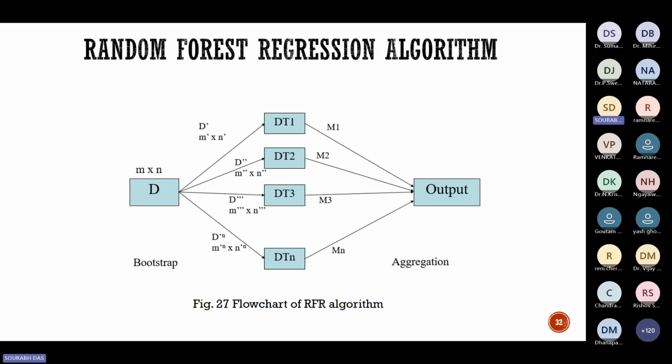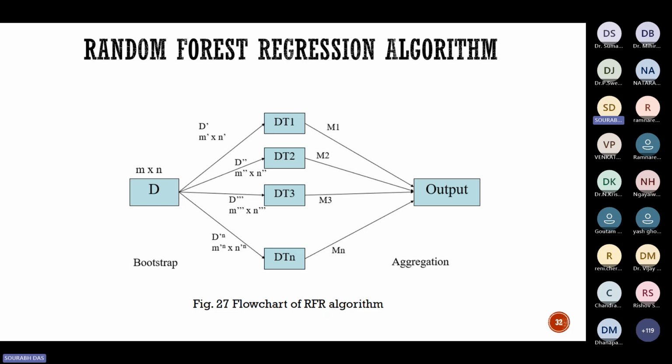In the random forest algorithm, we have a data set D. This D contains the battery parameters, like the terminal voltage, load current and SOC, and it is structured as a matrix with the dimension M cross N, where M represents the number of samples and N denotes the number of features.